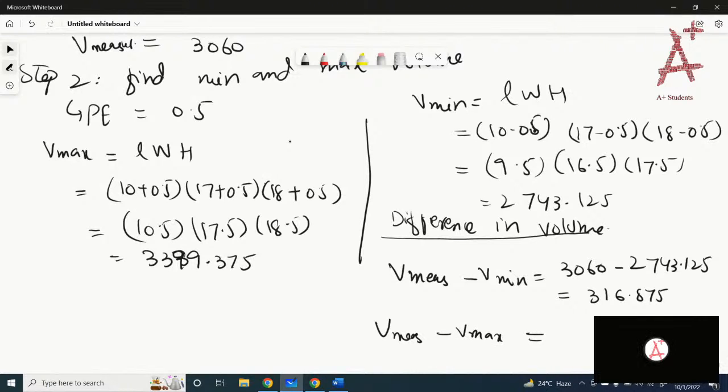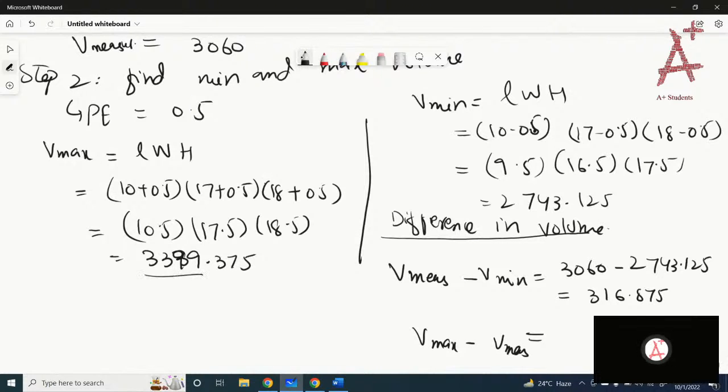Now, same way, you have to subtract the measured value from the maximum value, because the maximum value is the greater value. So you have to subtract V max minus V measured.